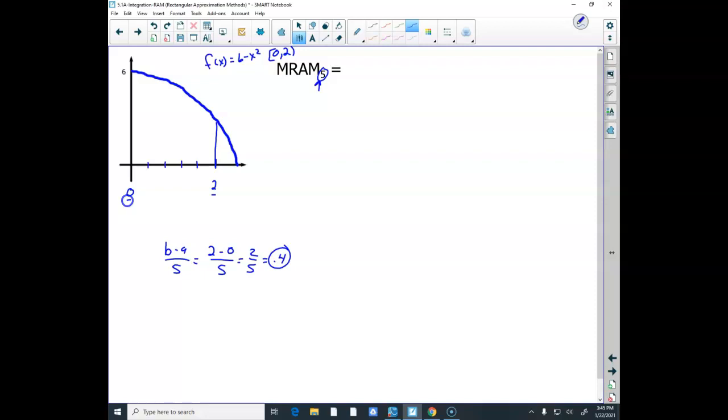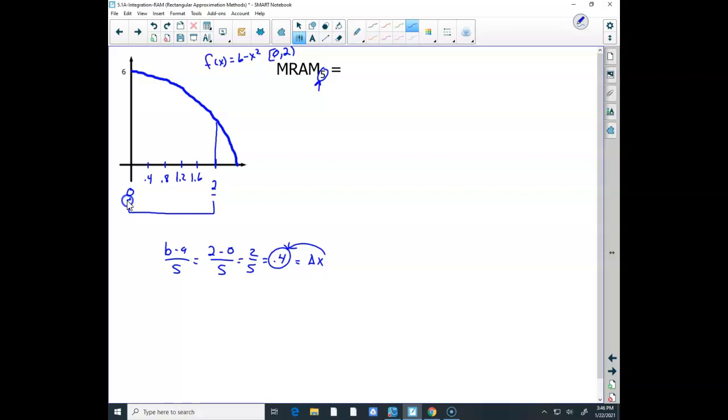We don't know what these x values are, but if our interval starts at 0, we know our delta x is 0.4. If I add 0.4, then the next is 0.8, 1.2, 1.6, then to the 2, and I should have an equal amount of rectangles between there. Just because they're decimals, don't freak out.